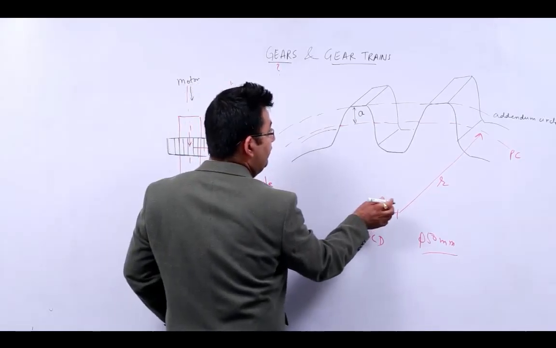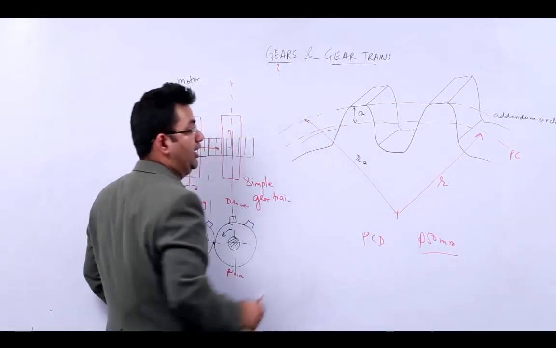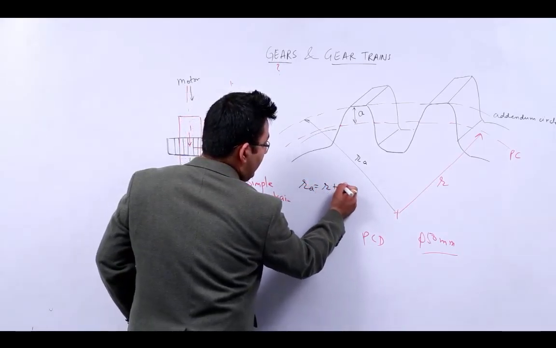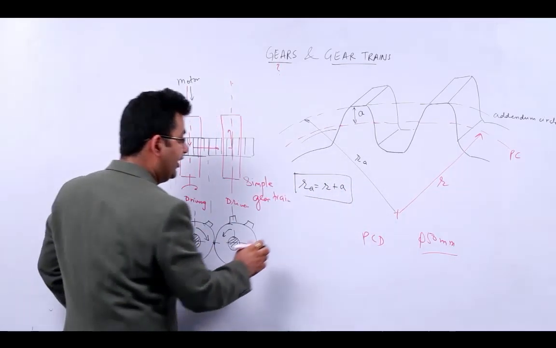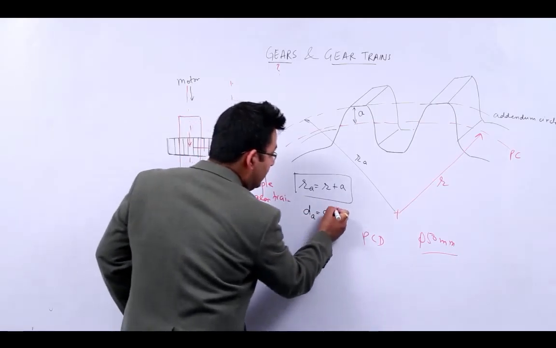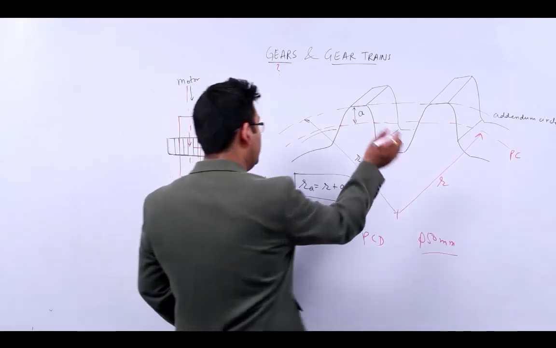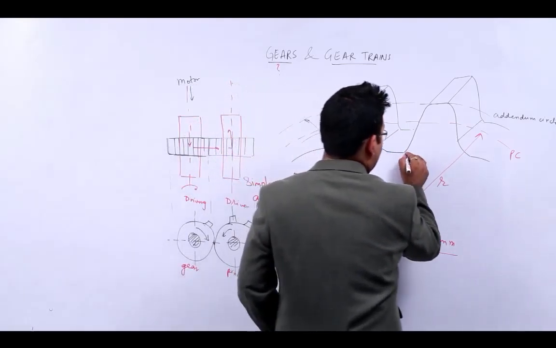So if you have to find the radius of the addendum circle, RA, it is equal to the pitch circle radius plus the addendum. If I need to find the diameter of the addendum circle, it will be the pitch circle diameter plus twice A.